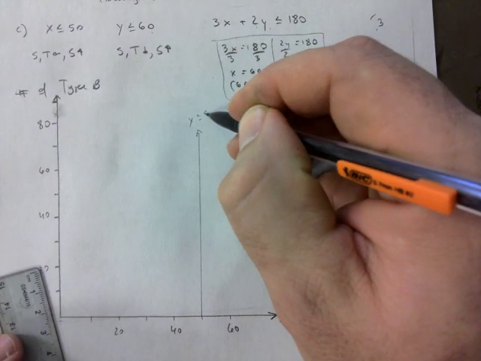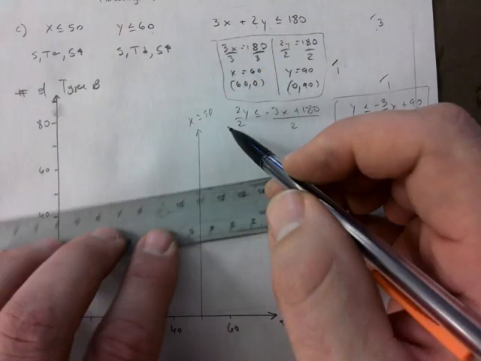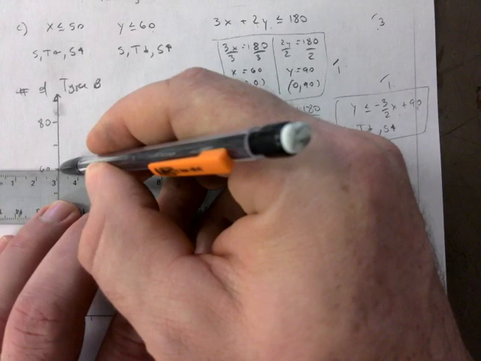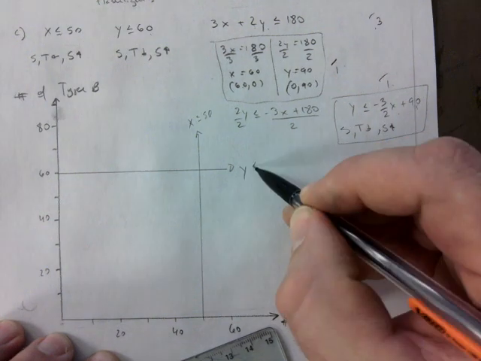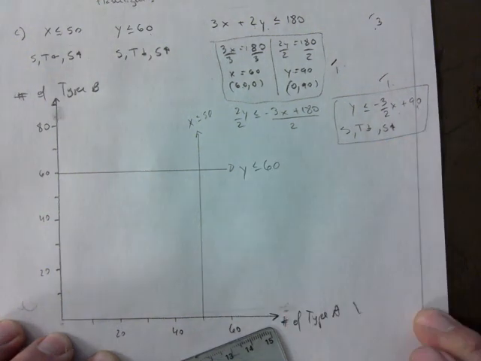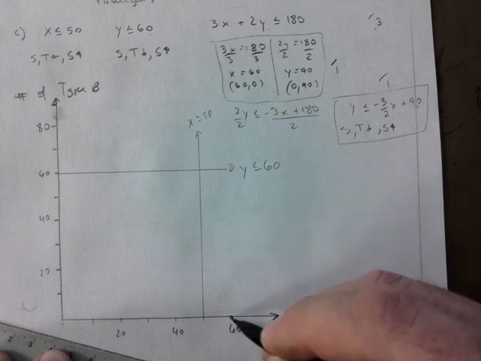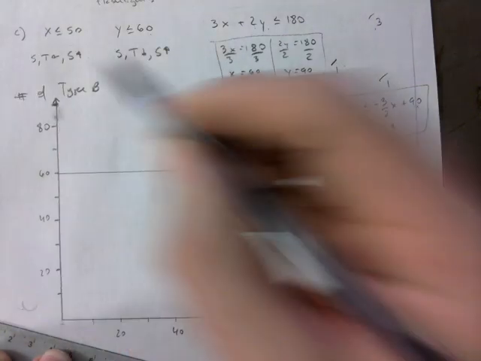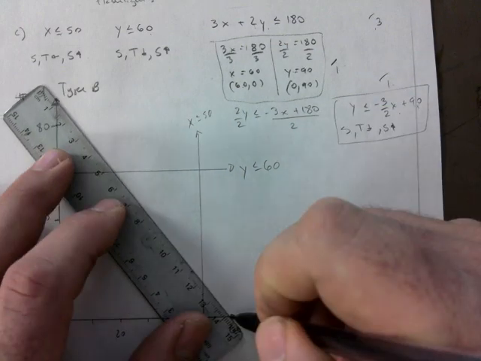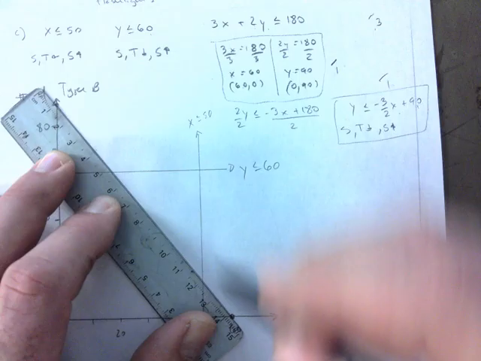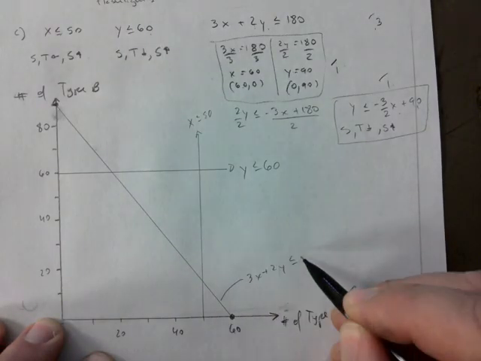And then the Y60 is here. Those ones are nice and quick to do. And then the diagonal is 60, 0, right here, and 0, 90, which is way up here for me. So let's line that up. And this one is 3x plus 2y less than or equal to 180. If you missed any one of the other labels, take off another half, right?